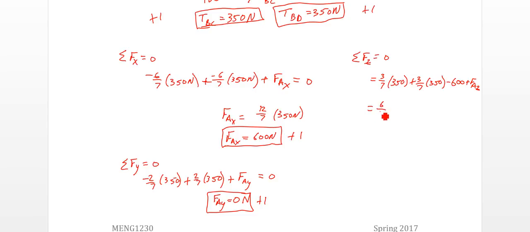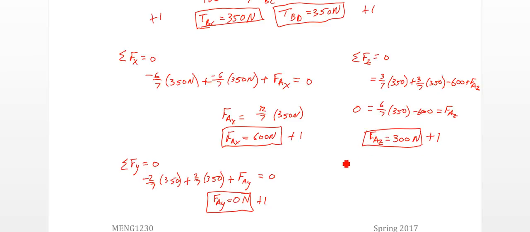We get 6/7 times 350 minus 600 plus FAZ, and that all equals 0. So I can move that to the other side. 350 divided by 7 is 50, times 6 is 300. So FAZ equals 300 newtons. That's our last point there, so we get +1 there.